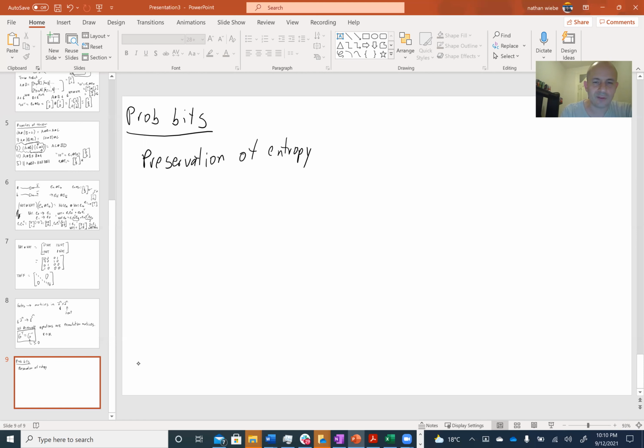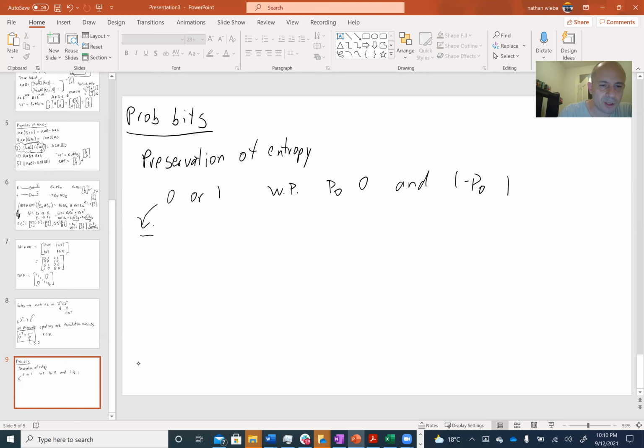So the idea basically is that if we want to add randomness into our system, what we need to do is put in, instead of a bit being in a definite string, either 0 or 1, we put in with probability P0, 0, and 1 minus P0, 1, for example.